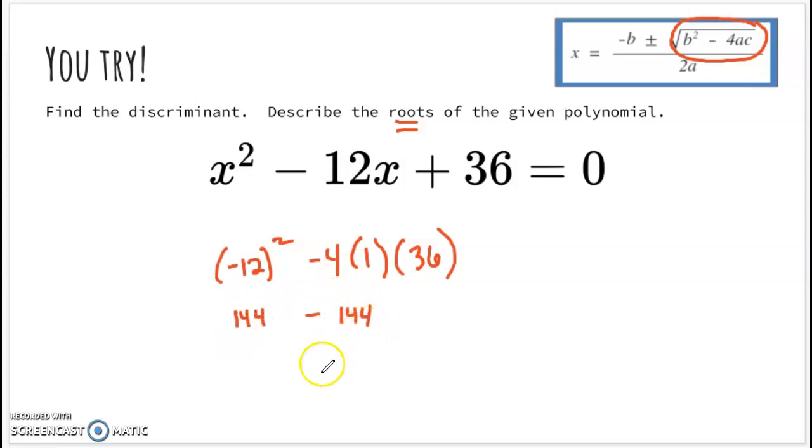So 144 minus 144 gives me 0. I remember from before, the square root of 0 is just 0, so I end up with just one root. So if I'm describing my roots here, I have one real root, okay?